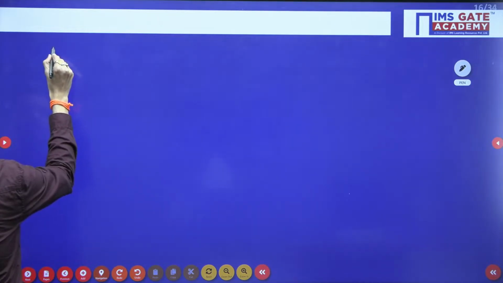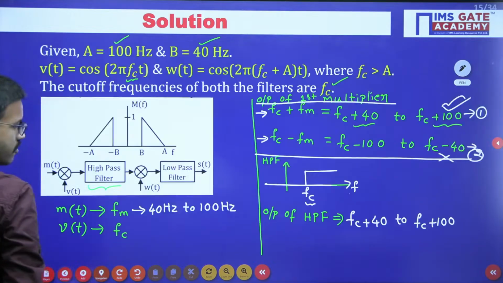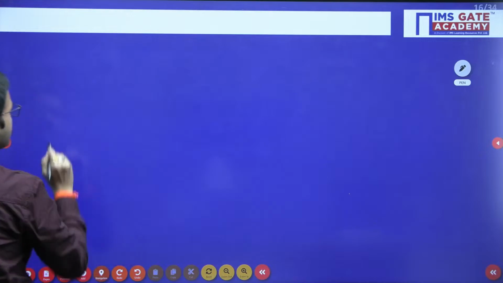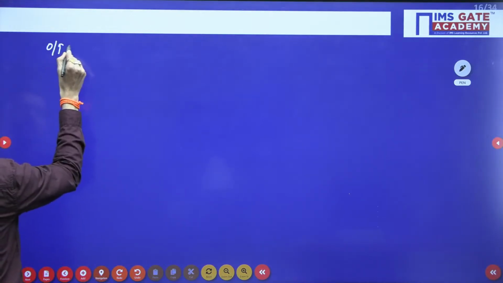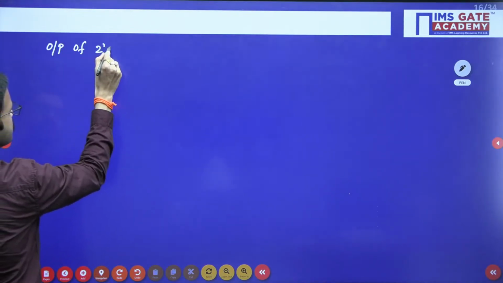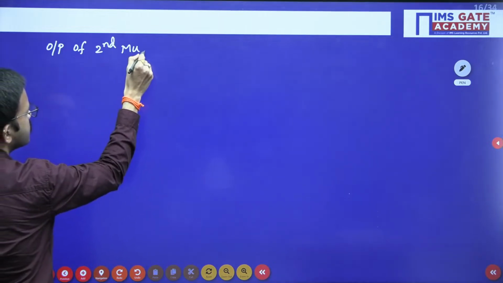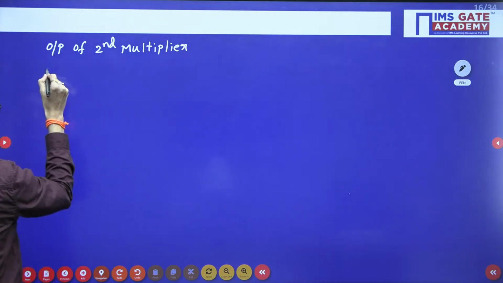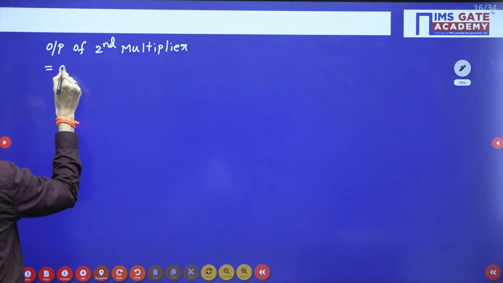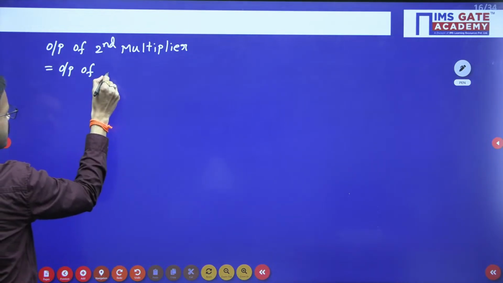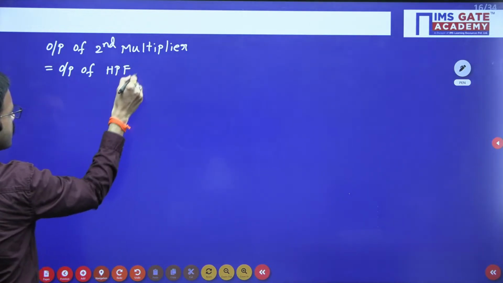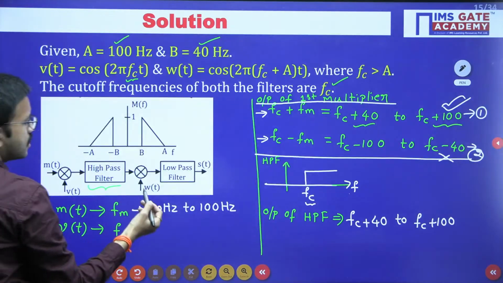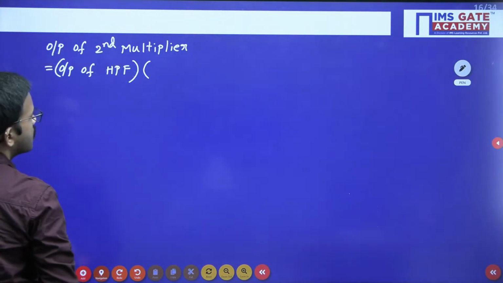For the second multiplier, we have the output of the high pass filter and another one, w of t.